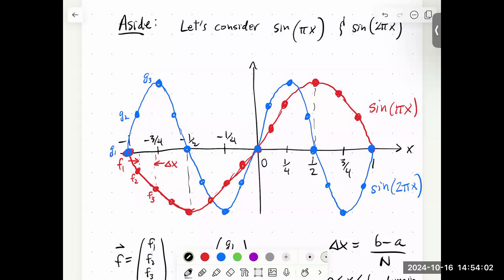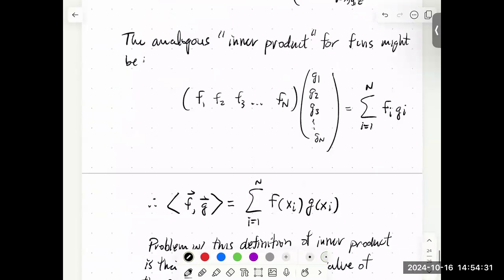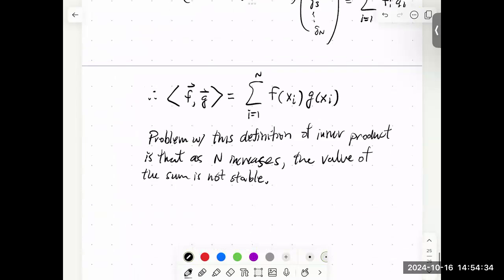All I have to do is the point-by-point product and then multiply by delta x. That's nice because delta x was constructed from the domain of our functions, -1 to 1 in this picture, and the number of sampling points. So as I increase n, the number of terms in my sum goes up, but delta x gets smaller by the same proportion, and we should end up with a stable value for this inner product.